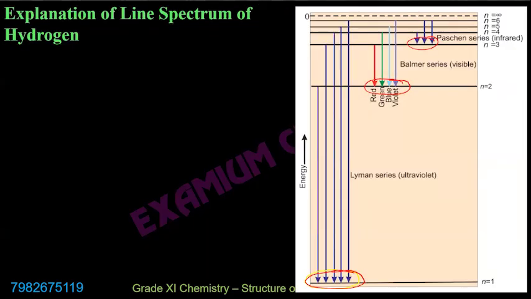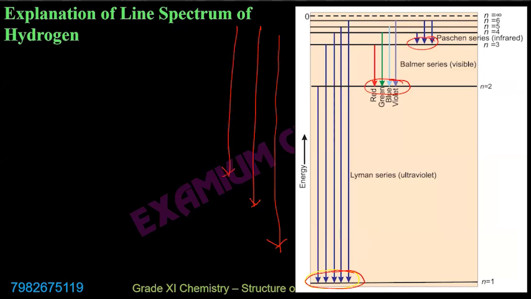When they come back to lower energy states, they release energy as per Bohr's model. These energies are of specific wavelengths only, depending on the transitions. For example, this one will have a specific wavelength, this one will have another wavelength.